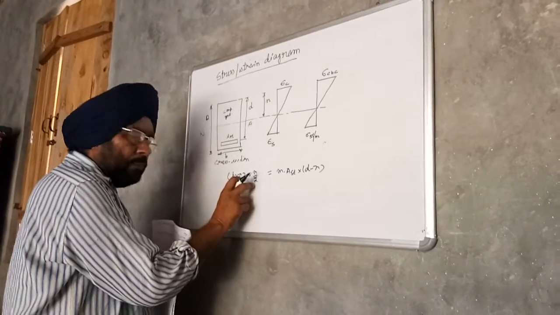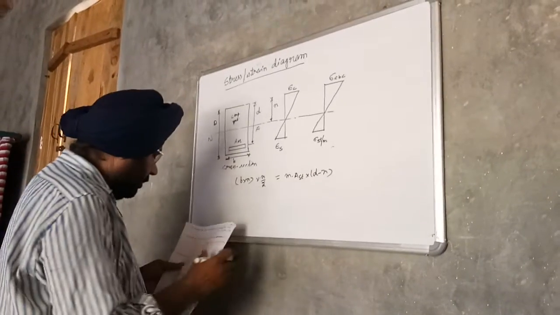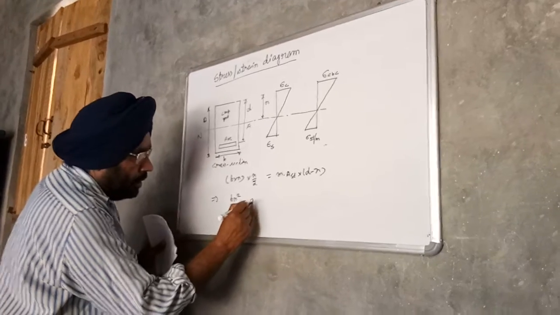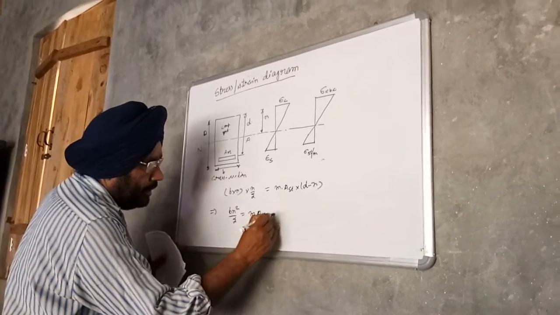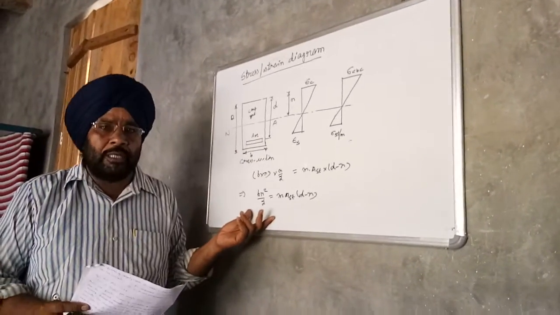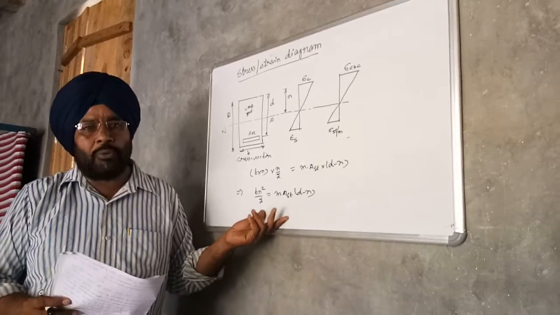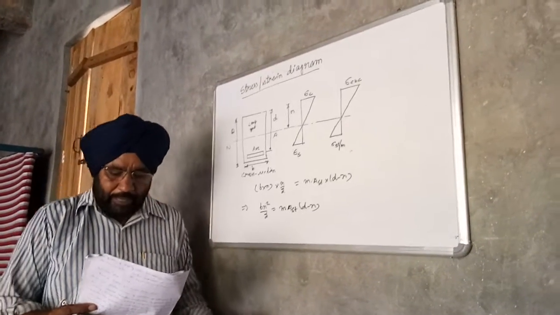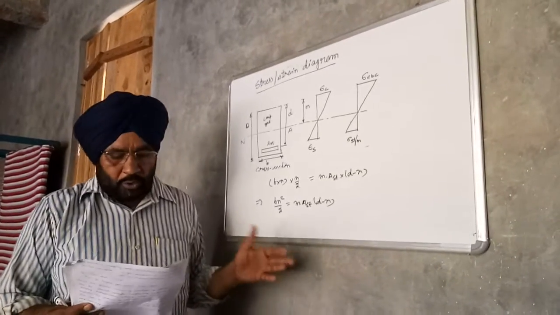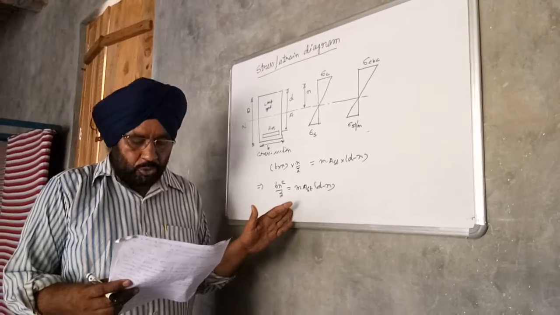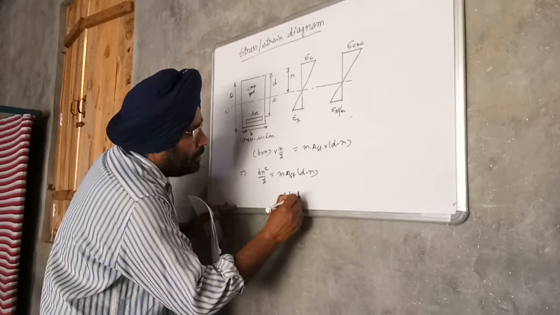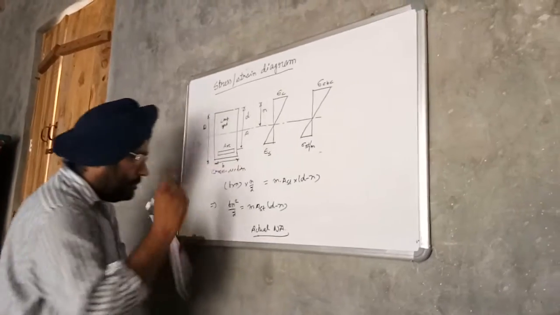This is a quadratic equation in n, having two values of n. Only the positive value of n is taken into consideration because n cannot be negative. The neutral axis determined from this equation is called the actual neutral axis. Thank you.